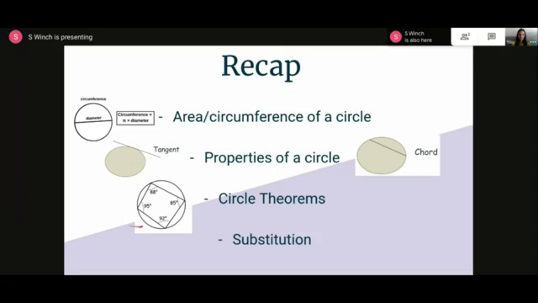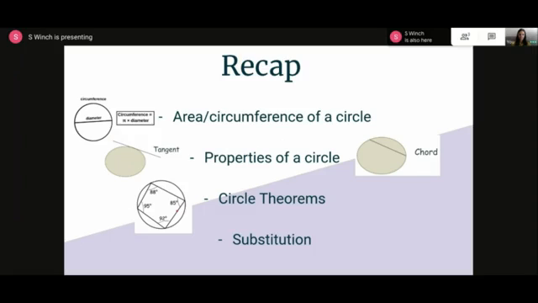Then we looked at some circle theorems, and we spoke about quadrilaterals within circles, where the opposite angles must add up to 180. So you can see here you've got 88 degrees, and its opposite angle is 92 degrees, which will give you 180, and then the same here. So opposite angles in a quadrilateral within circles would be 180.